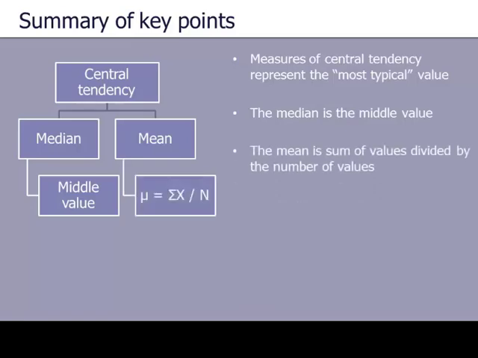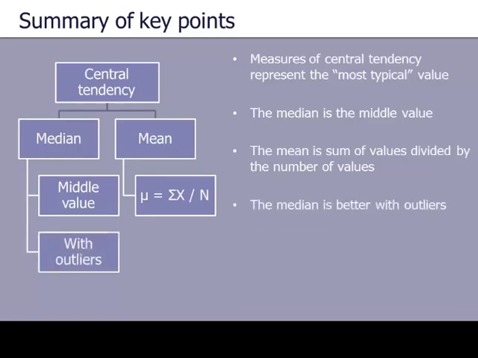The formula for the population mean can be expressed compactly as mu equals sigma x divided by n. The median is the better measure of central tendency when the data set is small and has one or more outliers. The mean is the better measure in large data sets that don't have outliers.